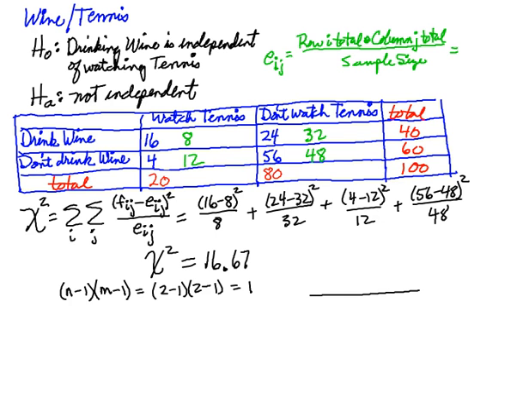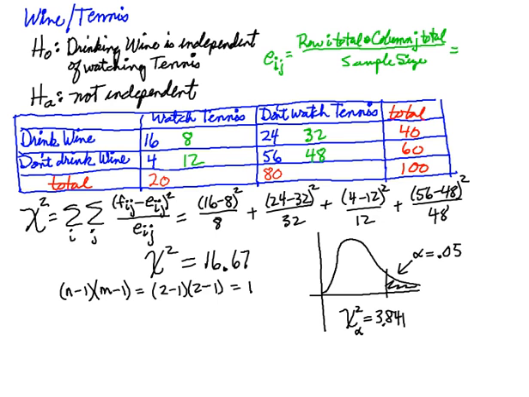So I'm going to rough sketch my chi-squared distribution here. Alpha 0.05. We need a critical value. And in our table, at the 0.05 area in the upper tail and 1 degree of freedom, I get 3.841.